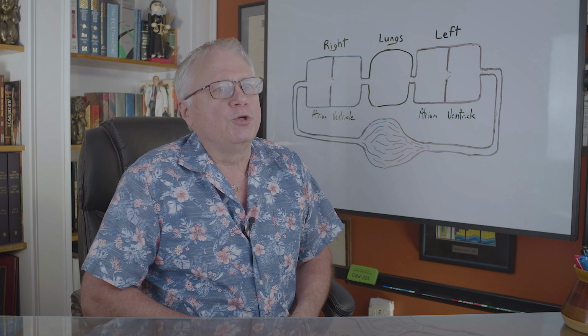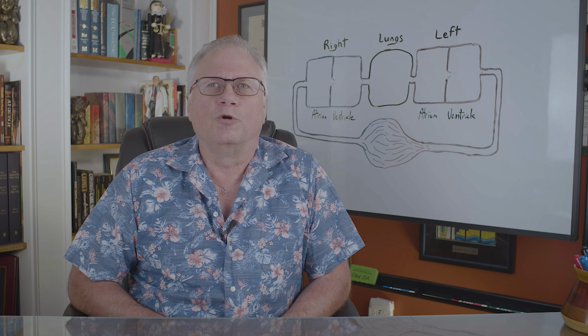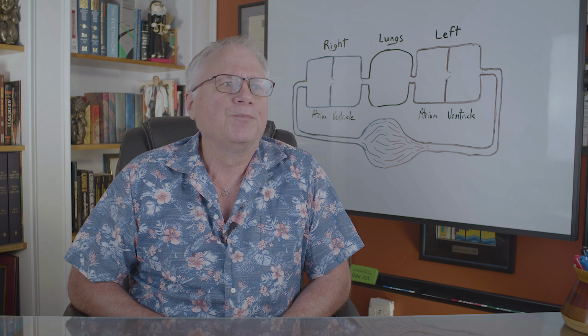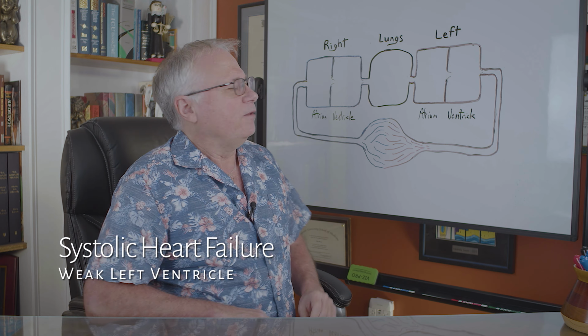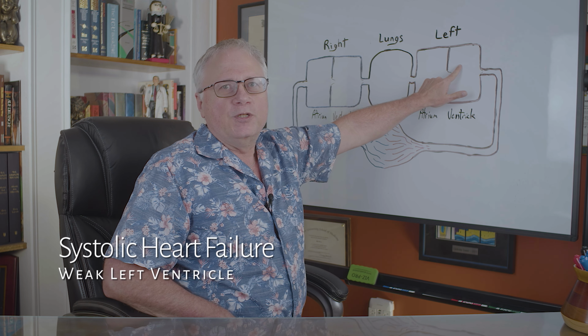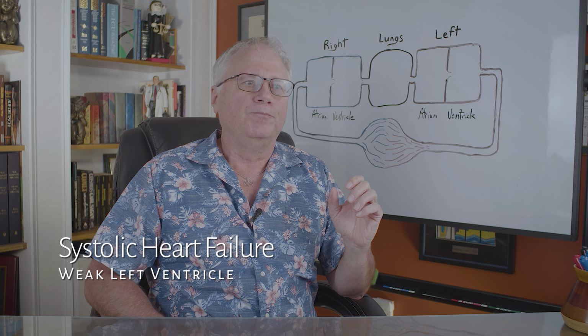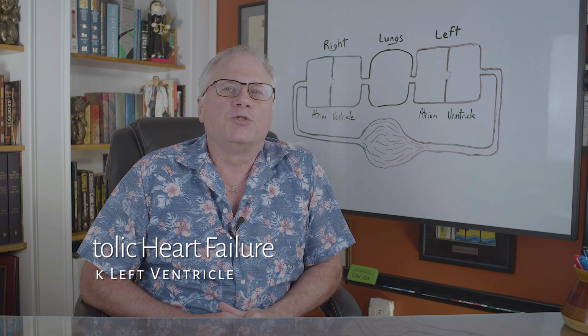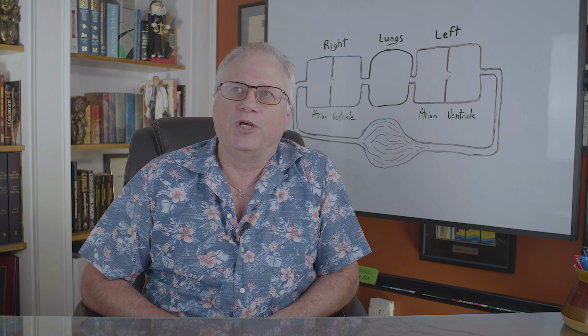So again, I'm going to call it the most typical or common type of heart failure is what's called systolic heart failure. And that occurs when the left ventricle is weak. It just doesn't squeeze as well as it should. We can measure this by doing an echocardiogram, and we can measure what's called your ejection fraction.